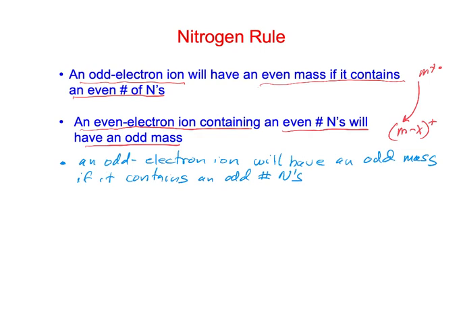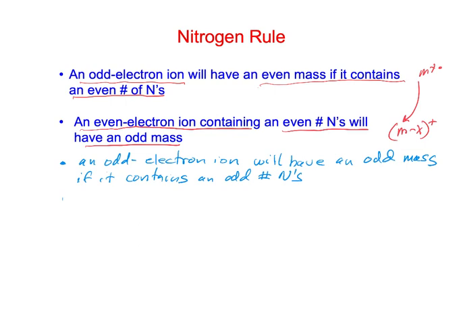And then likewise we could say an even electron ion containing an odd number of nitrogens would have an even mass. So it's just going to be opposite.